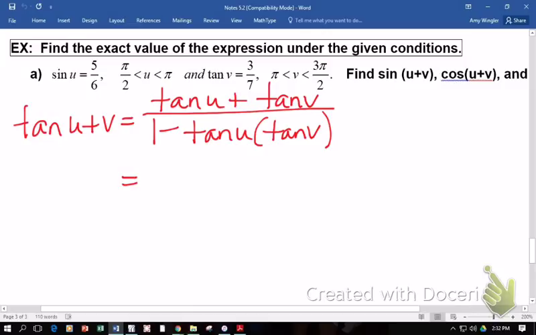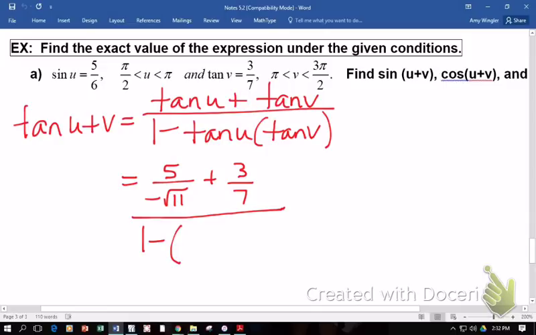So the tangent of U is 5 over negative radical 11 plus 3 over 7, which is the tangent of V. And on bottom we have 1 minus the tangent of U, which is 5 over negative radical 11, times the tangent of V, which is 3/7.